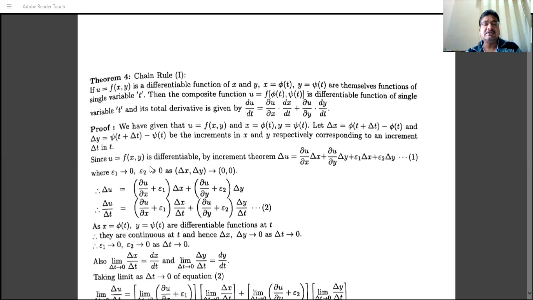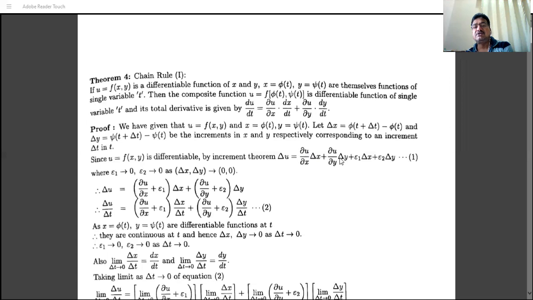So as u is a differentiable function, delta f or delta u is expressed in this form: h f_x, where h means delta x and f_x means the partial derivative of f with respect to x. Here the notation for f is u.